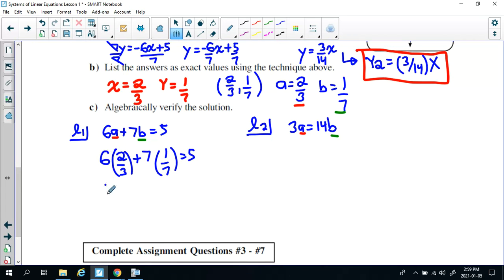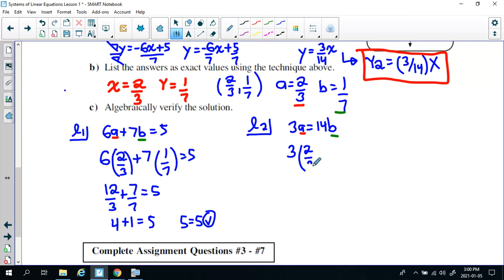So 6 times 2 would be 12/3 plus 7 times 1 would be 7/7 is equal to 5. Okay, 12/3 is 4 plus 7/7, which is 1. And then 4 plus 1 is 5. So on both sides of the equation, you'd have 5 equals 5. Therefore, it's verified.